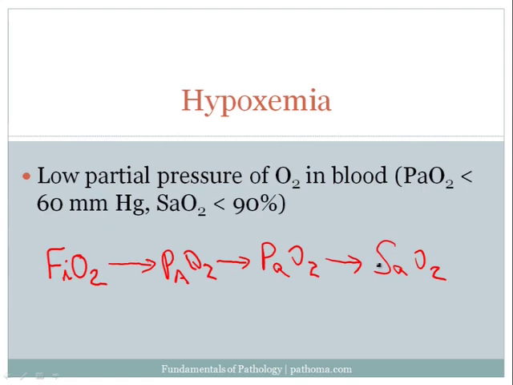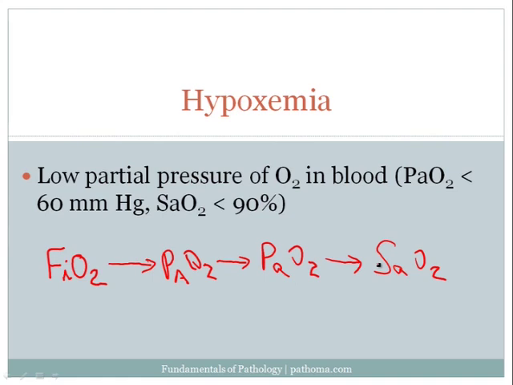The FiO2 results in a P big A O2, the pressure of oxygen within the alveolar airspace. That squeezes oxygen across the barrier into the blood, which creates a P small a O2 in the arterioles. And then that squeezes oxygen across the red blood cell membrane into the red blood cells, which then creates an SaO2.